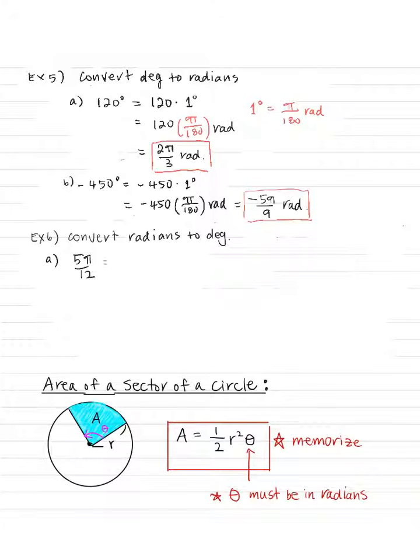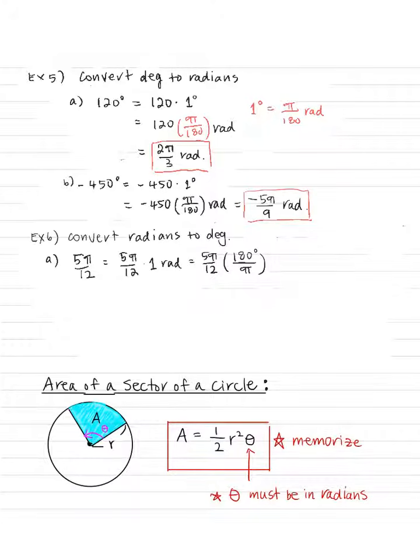Okay, so let's do this step by step. So this is 5 pi over 12, that's in radian measure, so we times it by 1 radian. So this is the same thing as 5 pi over 12 times, and then 1 radian is 180 degrees over pi.